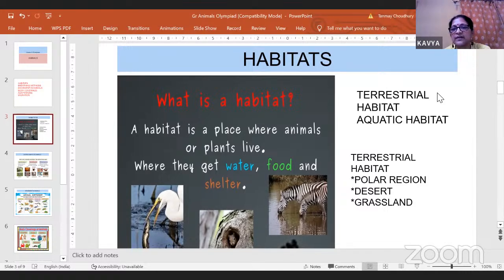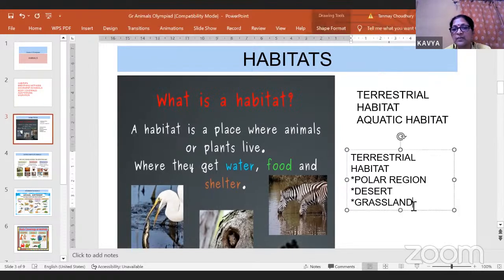So that will be an aquatic habitat. Terrestrial habitat can be the polar region, the desert, the grassland, or it can be the mountains also. Mountains are also important terrestrial habitat. Okay, so I hope you remember now.